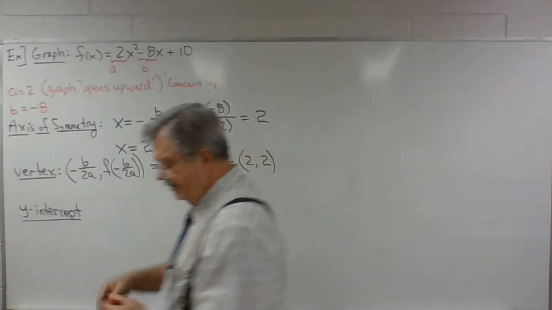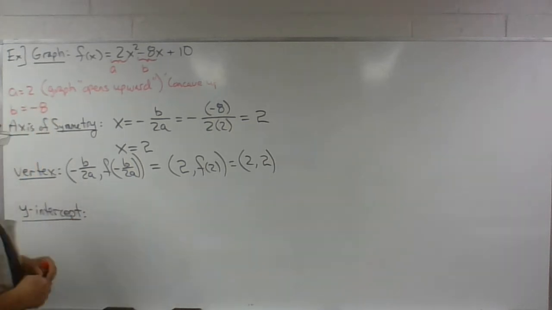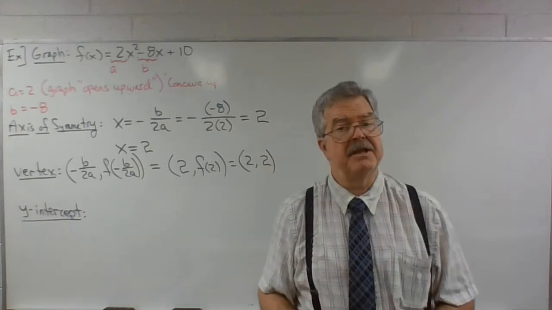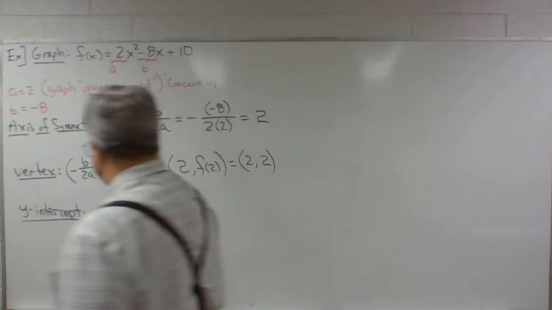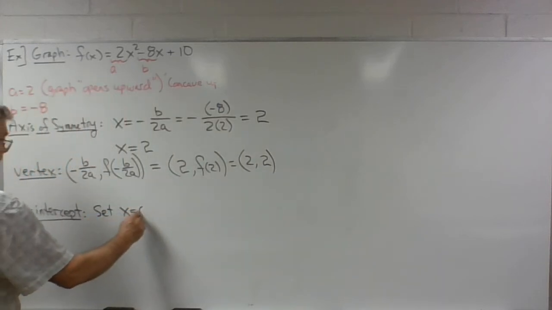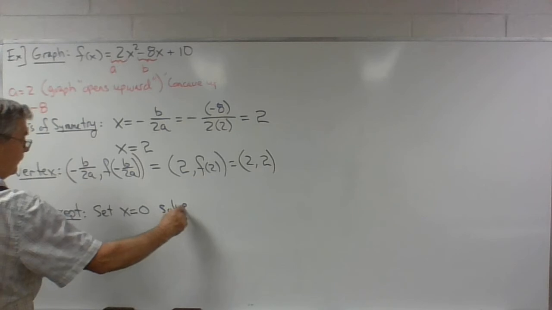So the y-intercept is a point on the y-axis, which means that the x-coordinate is 0. So here's what we do. Set x equals 0 and solve for y.